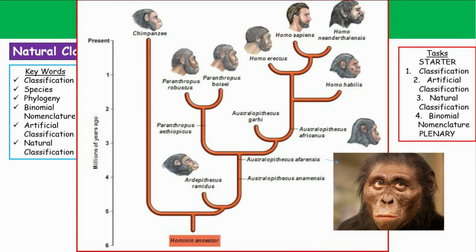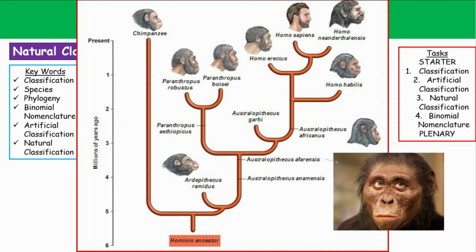She's been recreated, that's why it looks so good, based on the fossils of her skeleton. And that's what she looked like, about 3.5-ish million years ago. Then we keep coming up our family tree, and eventually we get to Homo sapiens. So we can see how we've evolved over time.